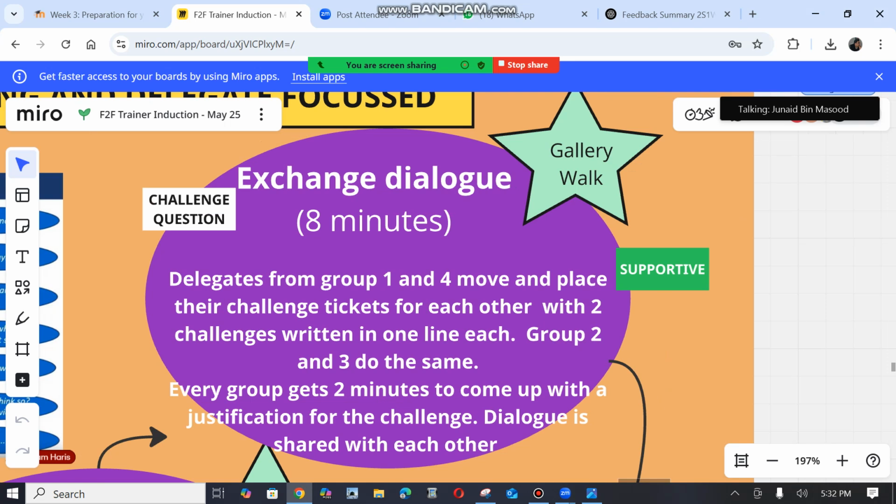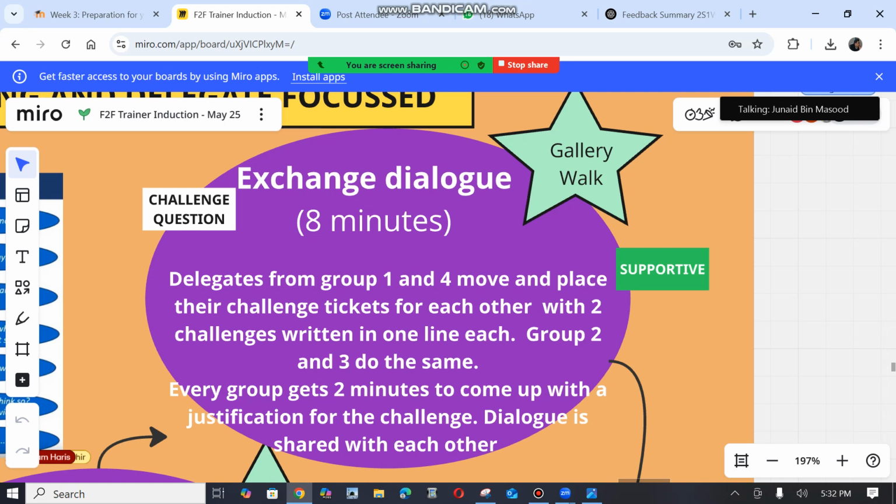The challenge question can be a supportive principle of dialogic talk for 8 minutes, where groups 1 and 4 are going to move their challenge tickets for each other. Group 1 delegates put their challenge ticket on the group 4 table, and group 4 puts their challenge ticket on the table for delegates of group 1.